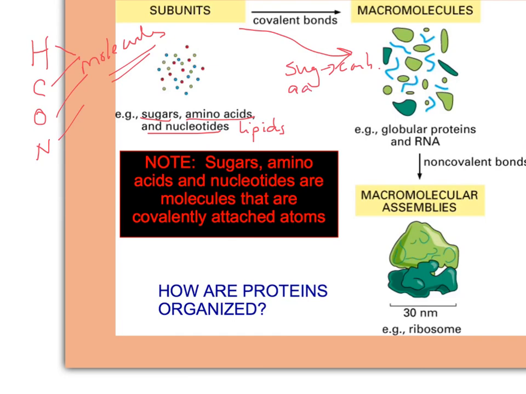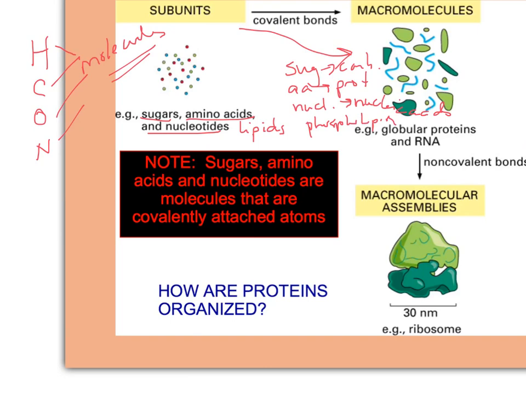From amino acids, you get proteins. From nucleotides, you get nucleic acids, and that's a string of nucleotides. And from lipids, you can make things like phospholipids and other higher ordered lipids.